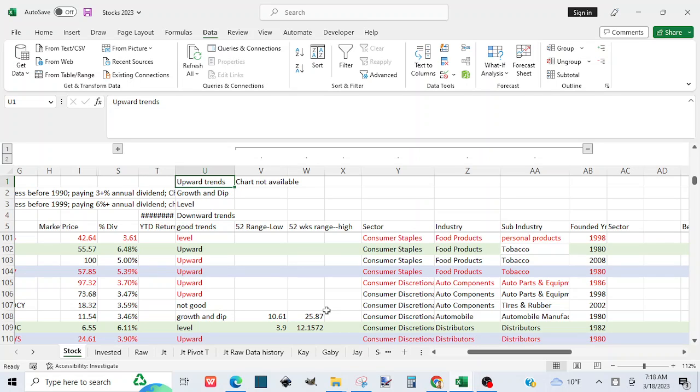So the second filter will be that the company needs to be a corporation, a CO, a Corp, or INC entity classification that they will have at the end of the business name.